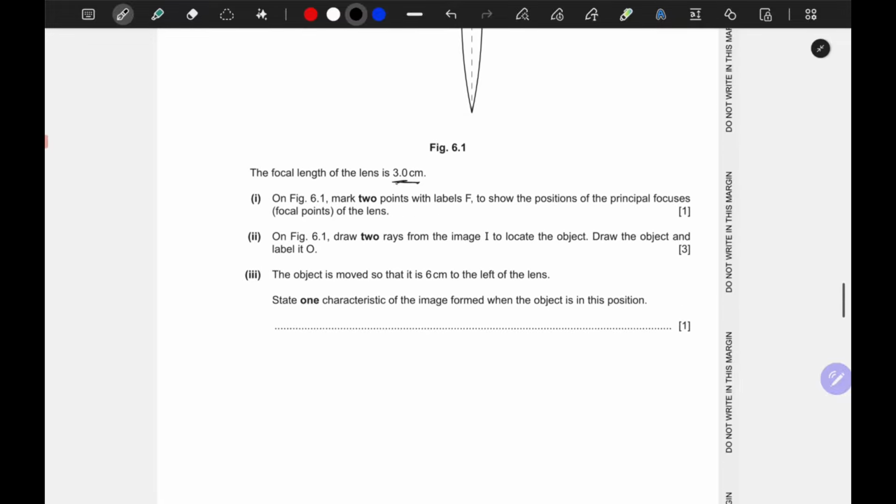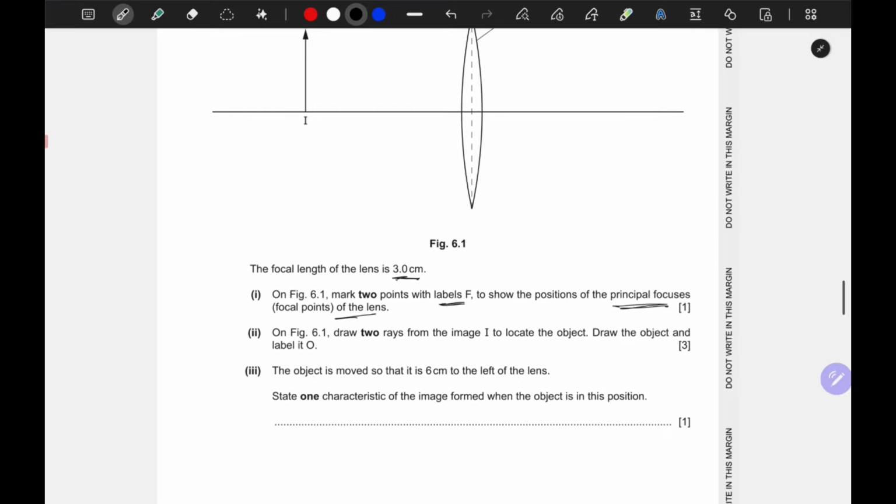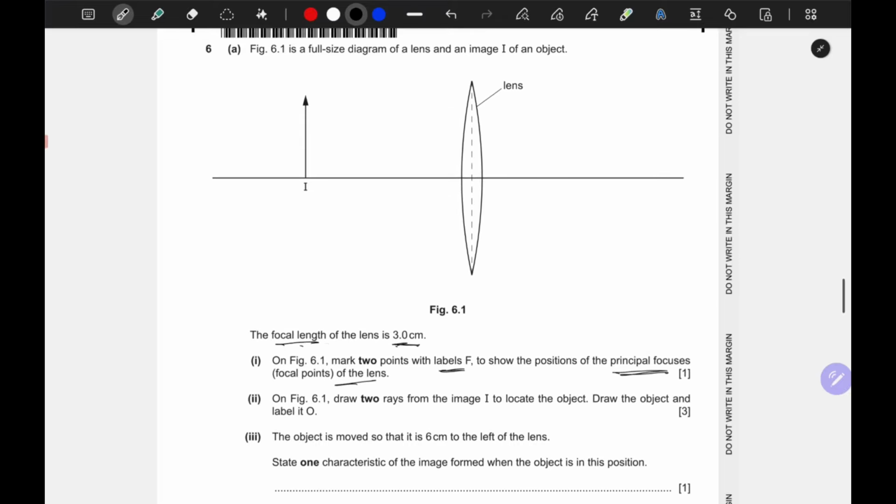On figure 6.1, mark 2 points with labels F to show the position of the principal focuses, or the focal points, of the lens. So the focal point of the lens, they already told us the focal length is 3, which means it's 3 centimeters apart.